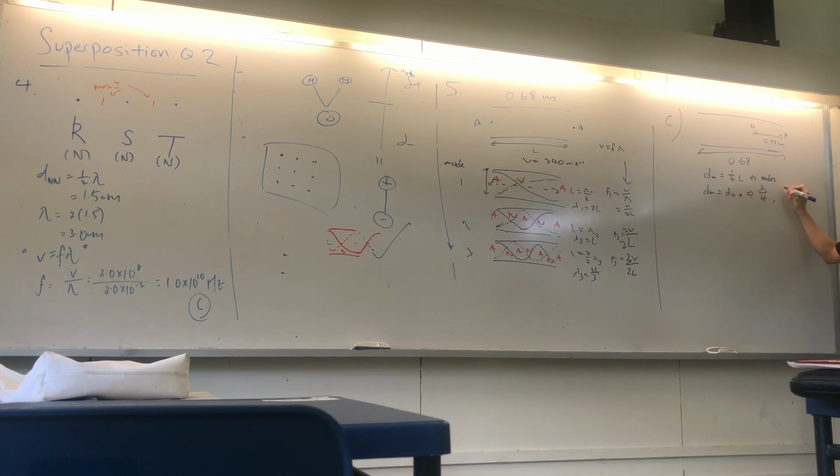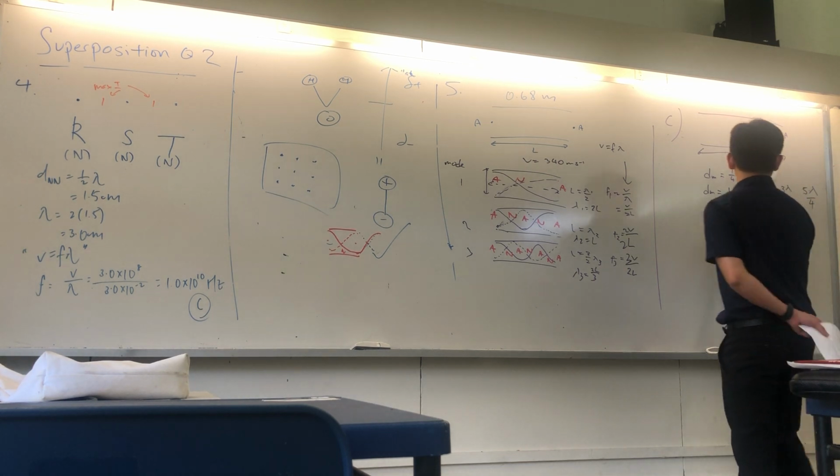No. The next one is node, empty node, node, empty node, so 3 lambda over 4, because you have two more node to empty node distances in between. Then the next one will be... good. Now that we know what this distance is, we know it's a multiple of L.